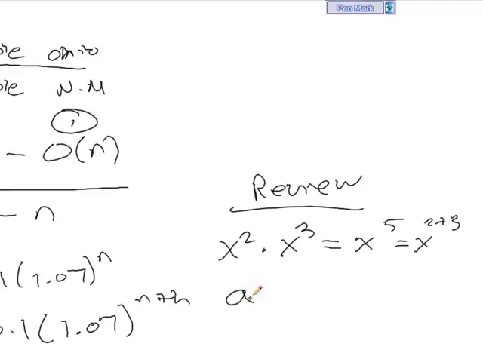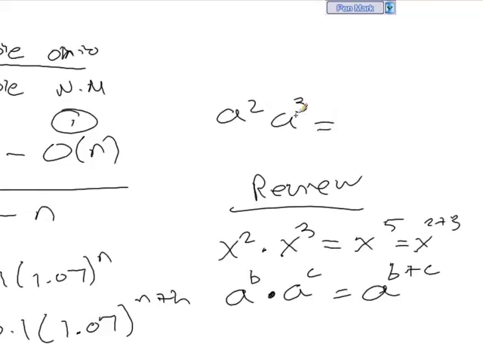Well, in general, any base to a power times the same base raised to any power is equal to the same base raised to the sum of their powers. The reason this occurs is if I have a squared and a to the third, then that means a times a times a times a times a, which is the same thing as having a multiplied by itself 5 times.